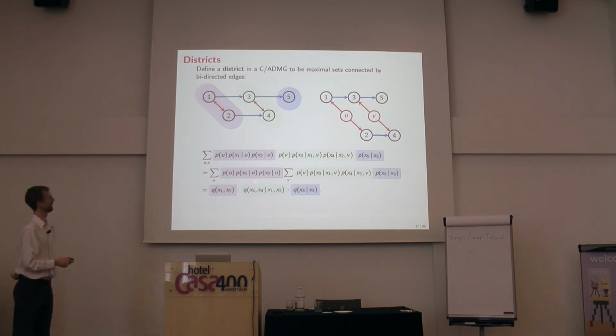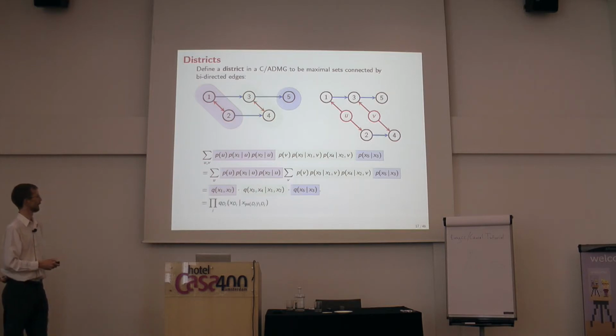So basically here, the key point is when I push this in, this is a function of x1 and x2. This is a function of x3 and x4, conditional on x1 and x2, or indexed by x1 and x2, and this is a function of x5 and x3. Okay.